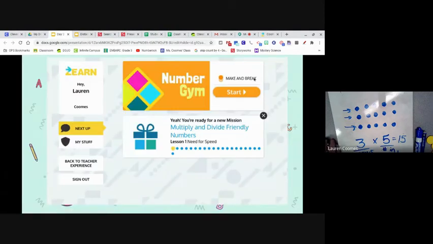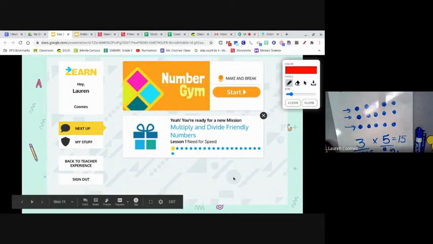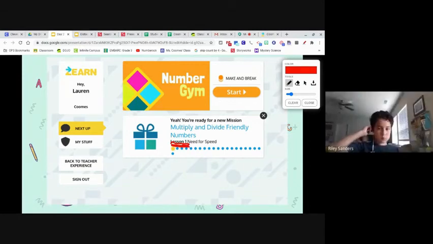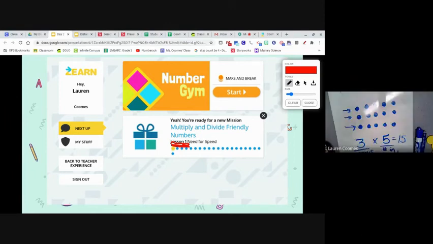When you get on Zern, the first thing you're going to see is it's going to tell you what lesson you're on. Do you guys see this right here on my screen? Yeah. So right here, it tells me my lesson. Do you guys see that? Yes. You have to finish the number gym.